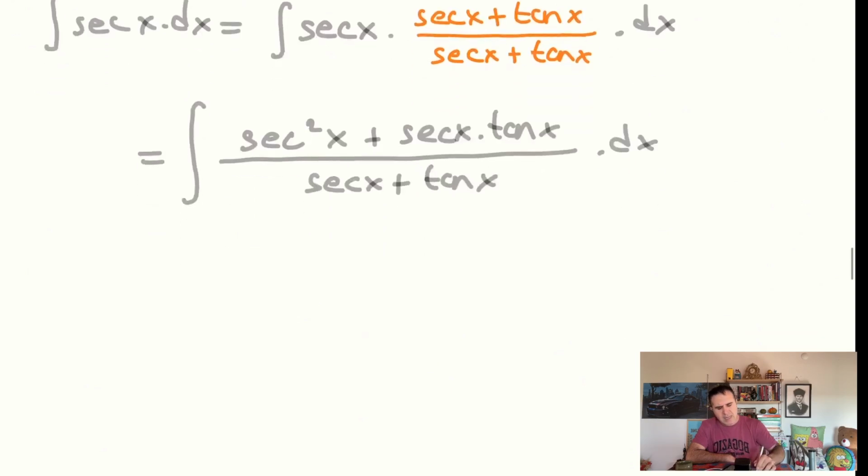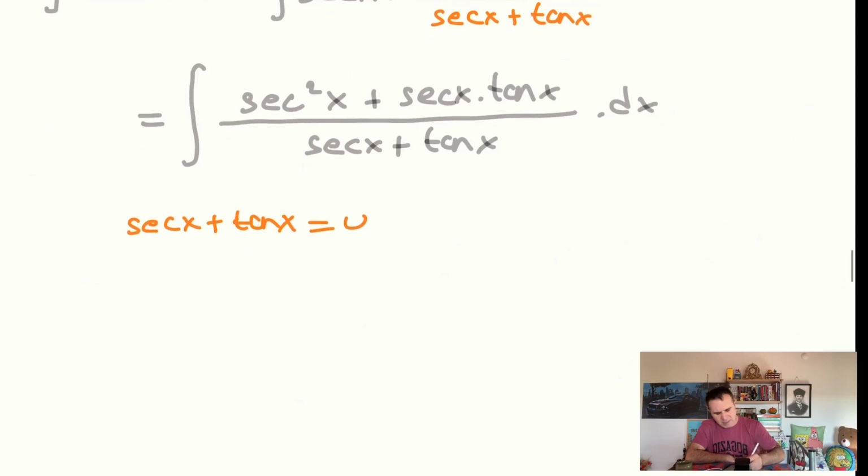We know that the derivative of secant x is secant x times tangent x, and also we know that the derivative of tangent x is secant square of x. Then we can use substitution method here. Let secant x plus tangent x equal u. Then take the derivatives.